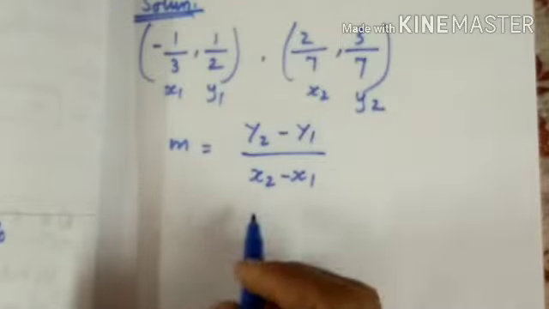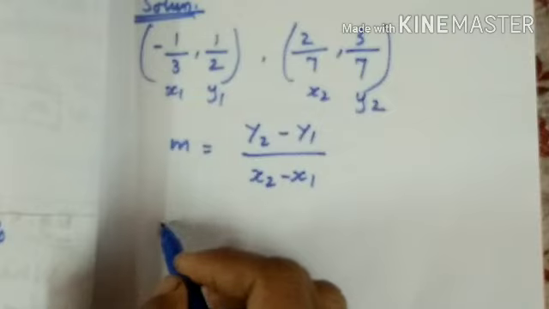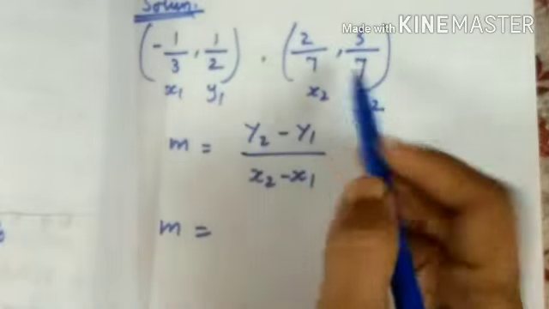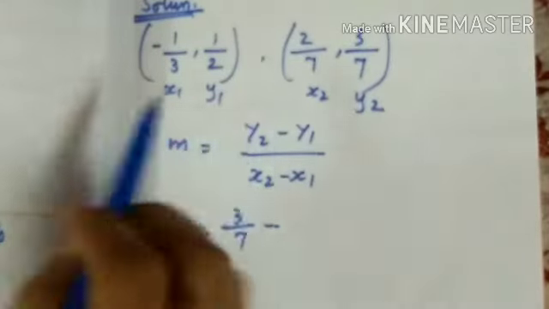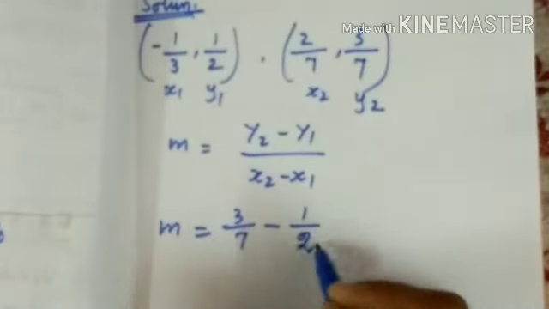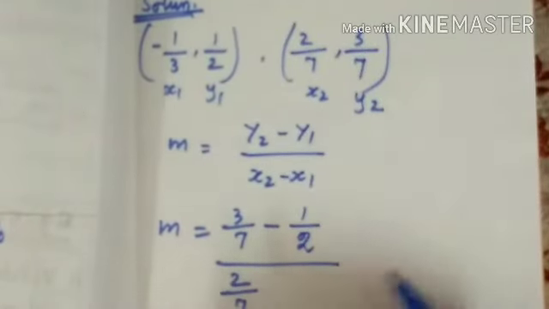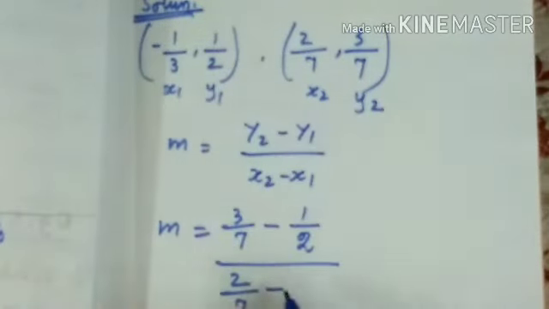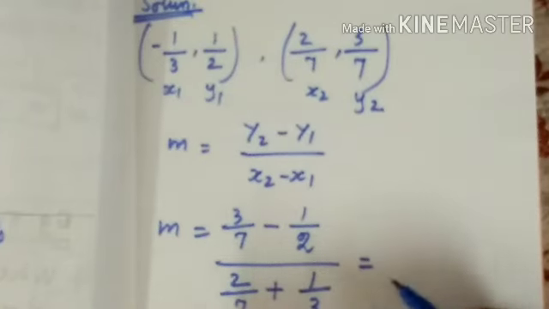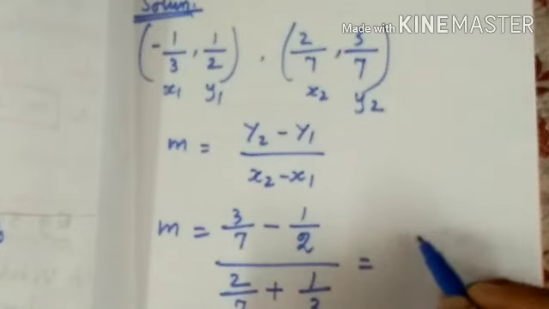Now you have to apply the given points in this formula, means we get m is equal to y2, 3 by 7 minus y1, 1 by 2, by x2, 2 by 7 minus 1 by 3, that is minus into minus plus 1 by 3. Then you have to simplify this by taking LCM.